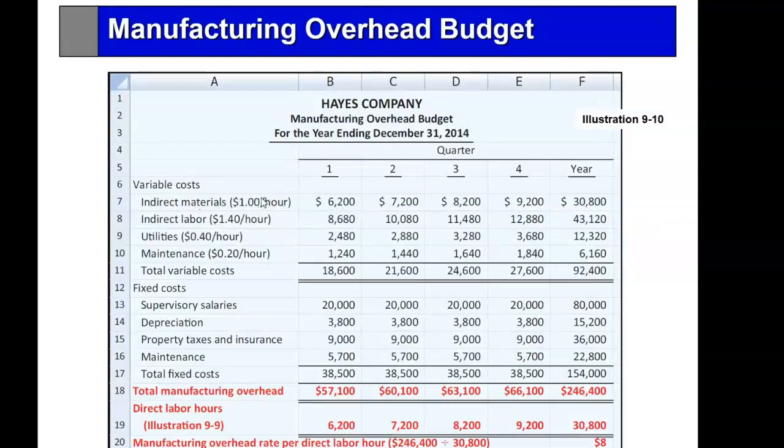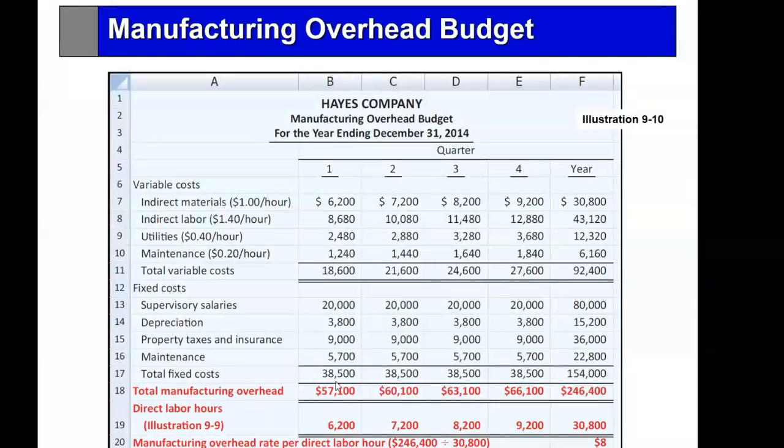It's the number of hours times $1. The indirect material varies with direct labor hours. The indirect labor also varies with labor hours, so it's $1.40 times each hour, and you build the variable cost here for quarter 1, quarter 2, quarter 3, all based on the direct labor hours consumed to produce the product. Now the fixed remains fixed.